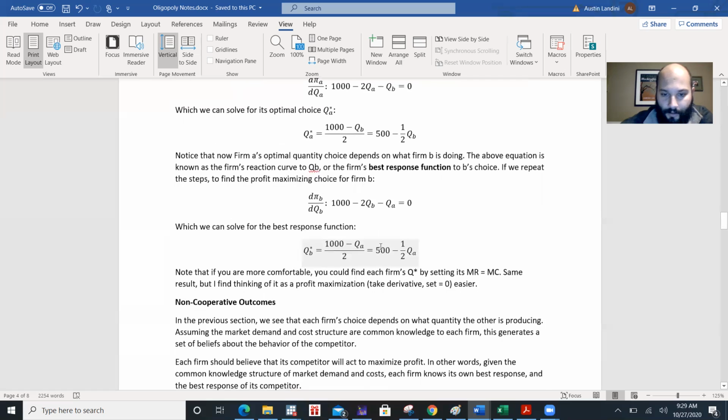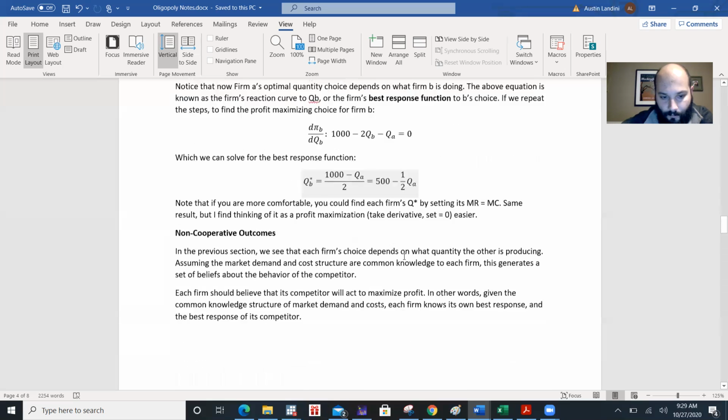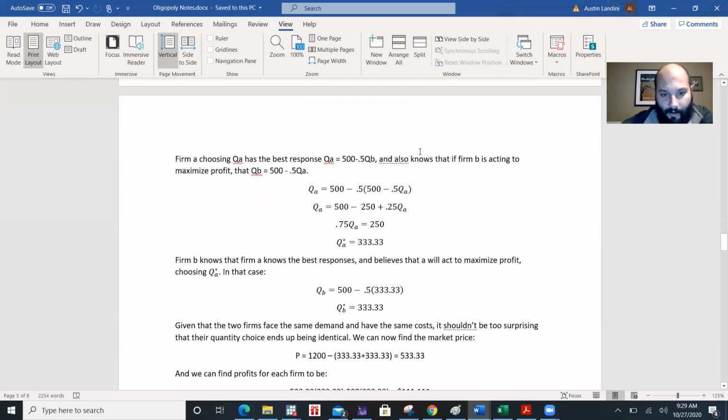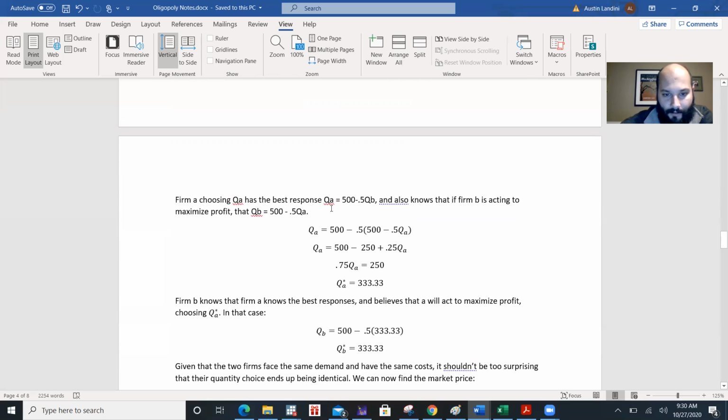So what we can do is assume that firm A knows this best response function. We can plug this best response function in here for QB. We know that QA equals 500 minus 1/2 QB. We also know that QB is 500 minus 1/2 QA.